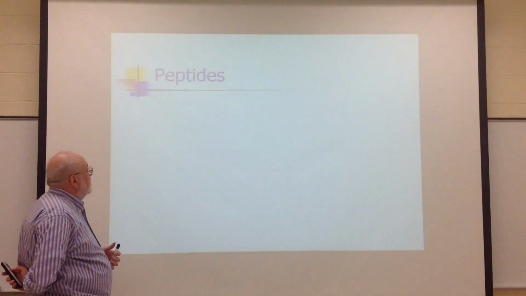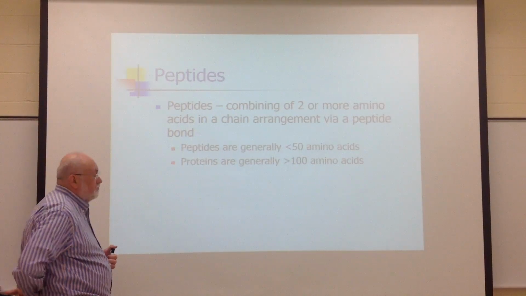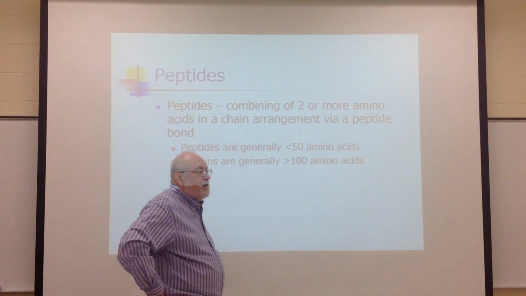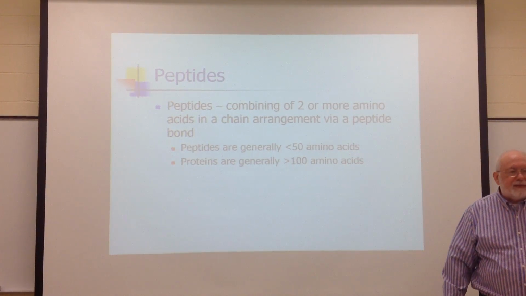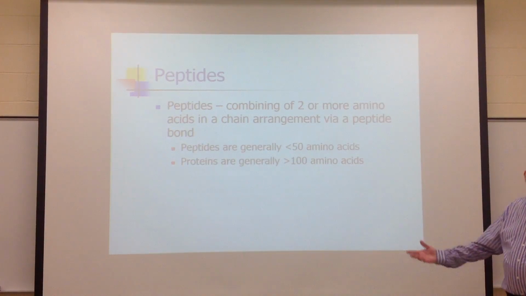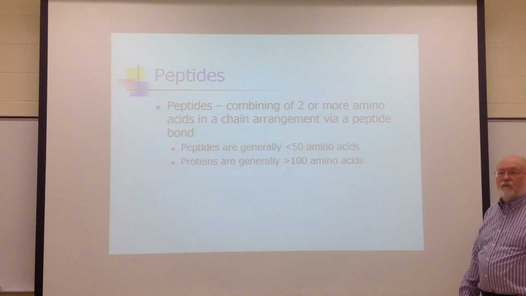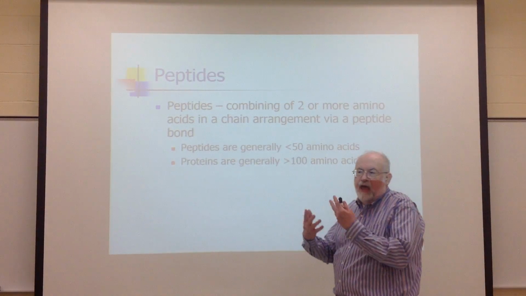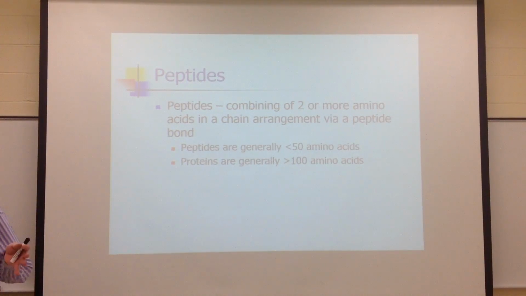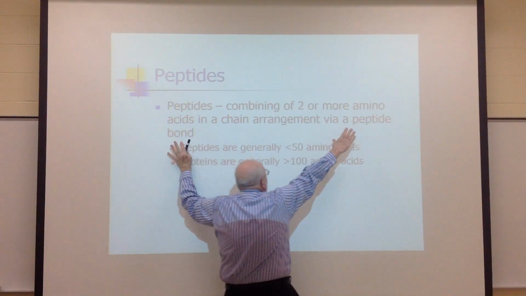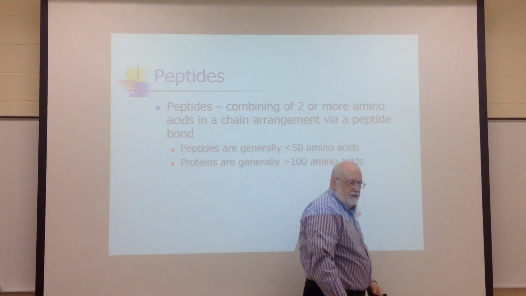All right, so continuing on, let's string them together. And when we start stringing amino acids together, we start forming what we can call peptides. A peptide is simply formed when you put together 2 or more amino acids. And the simplest one, you put together 2 amino acids, you take out a molecule of water, you've got what we can call a dipeptide. It's 2 amino acids linked together by way of a peptide bond.